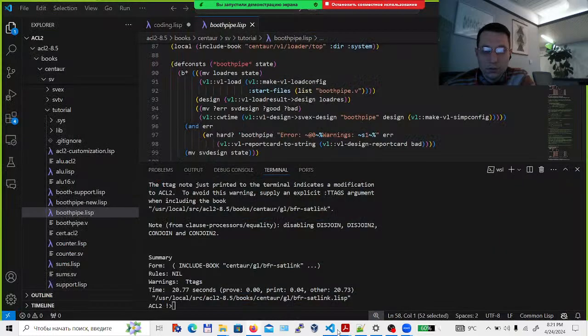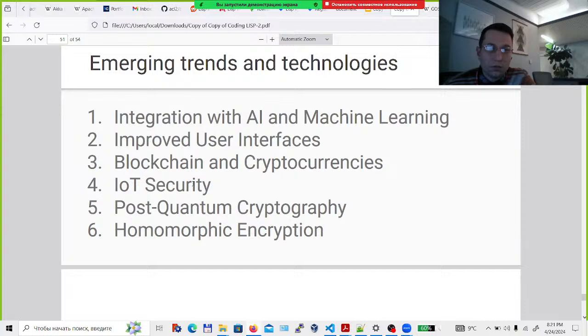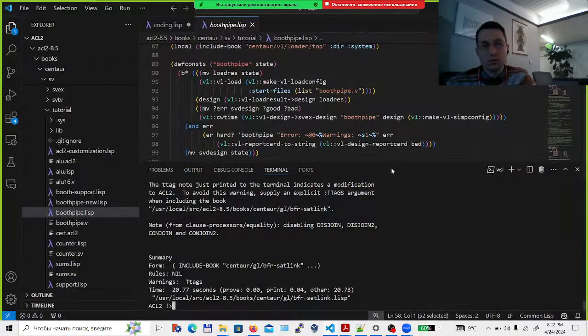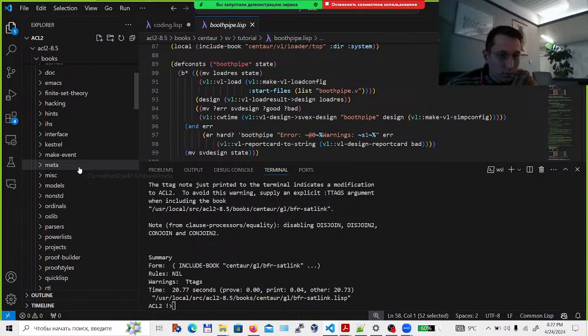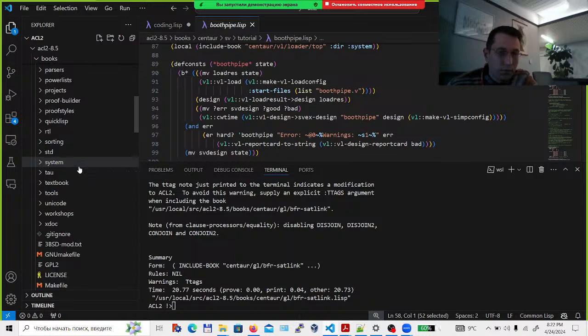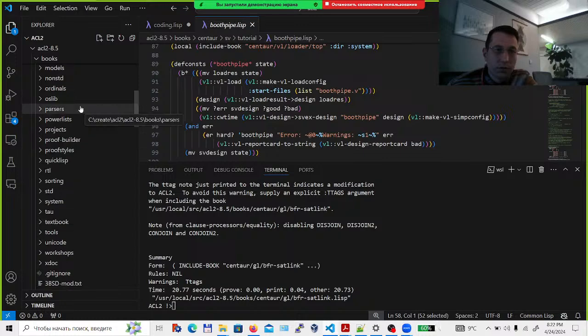We can use those technologies for blockchain and cryptocurrencies, which is a pretty interesting topic because, for example, in ACL2 you have smart contract models and some kind of blockchain encryptions.